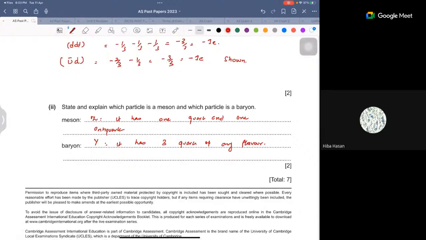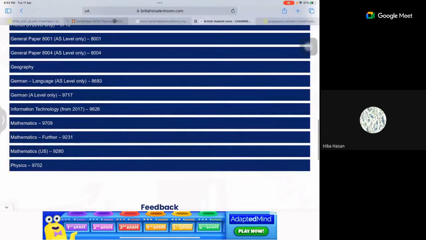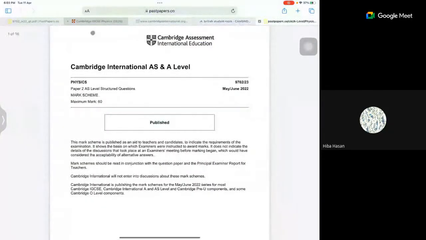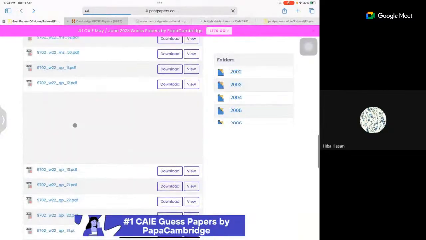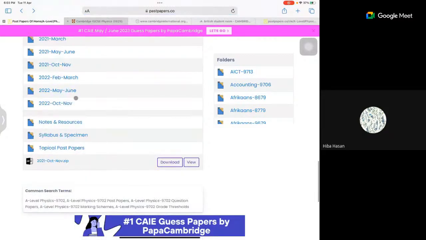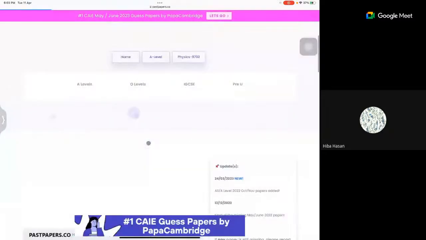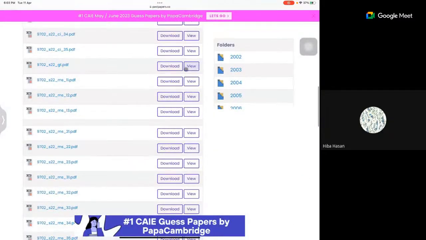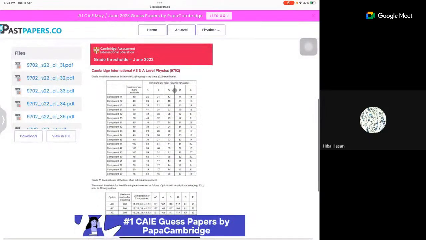I don't know about you guys, but let's check the grade boundaries. I did take out grade boundaries somewhere. Okay. It is summer, right? So summer grade boundaries we will find. And then you can compare yourself to see where you lie right now. And then obviously the chapters you have gotten wrong, you should revise them and redo them so that in the next paper that's how it's done.